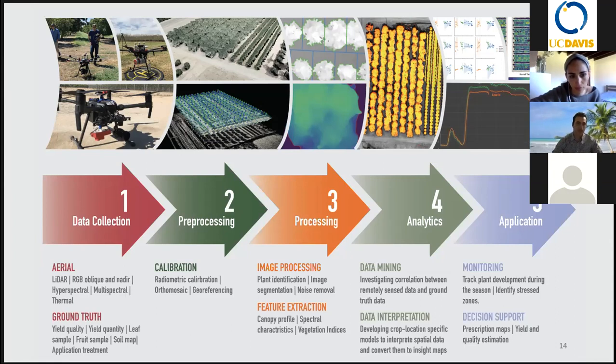The fourth step is analytics. We use data analytics these days for anything, for defense, for medicine, for industry. And you know that the Bay Area, the San Francisco area, is the center for data science.